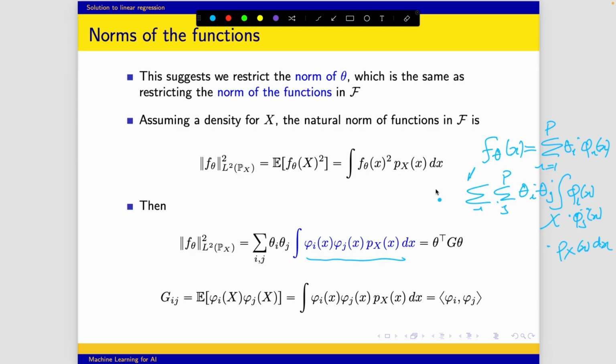Now let me define a matrix G with components given by these integrals. Now, what are these integrals?